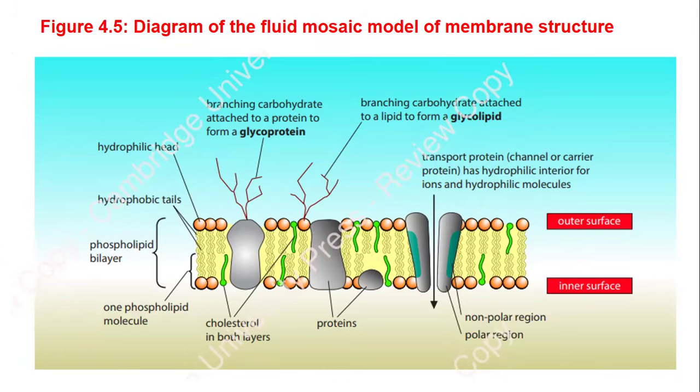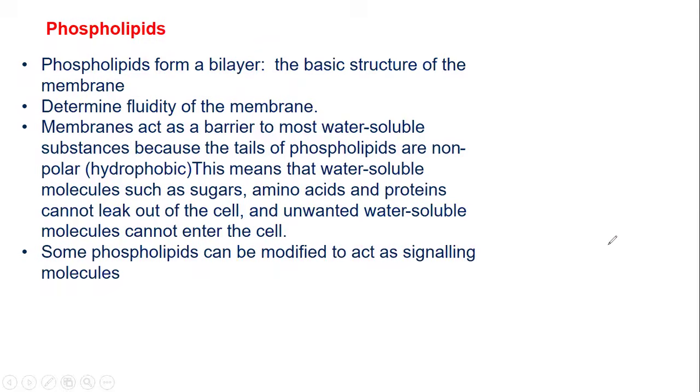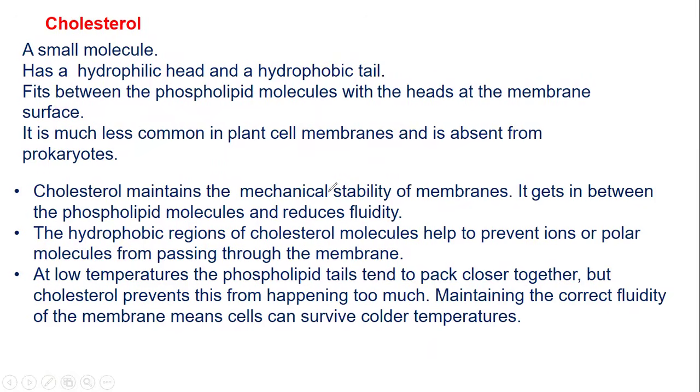And if the membrane is less fluid, you reduce the number of cholesterol molecules so that the phospholipids get more space and can be much more fluid, or much freer to move about. So that is how cholesterol is used to maintain the mechanical stability of the cell surface membrane.